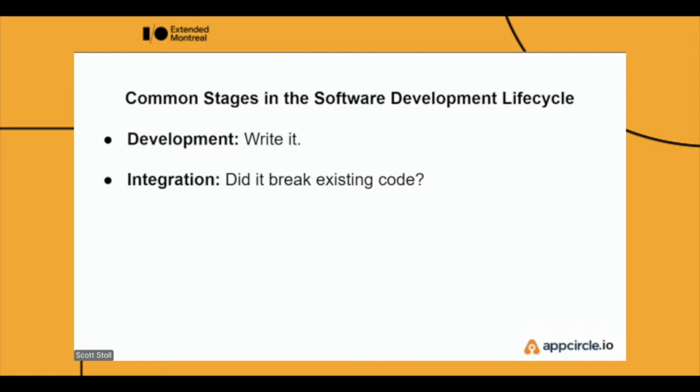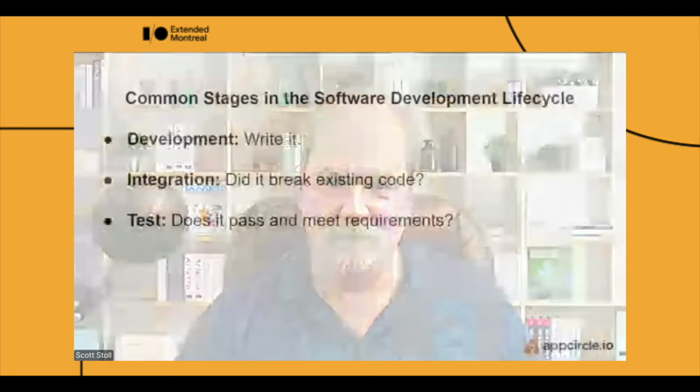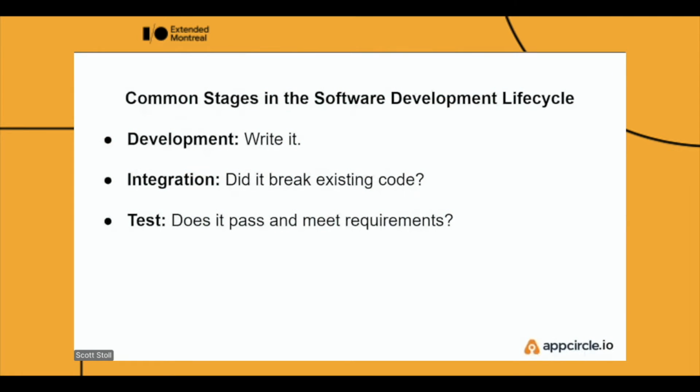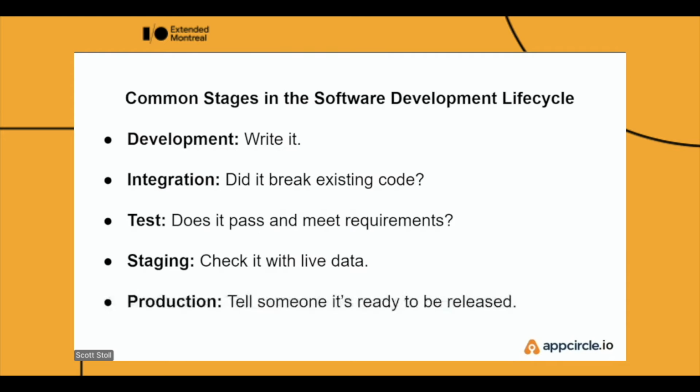So we check that out, and then we do all of the tests that we have set up. You're using tests, right? Sure you are. So we run all of our tests. The next thing you want to do is check it with live data and then tell someone it's ready to be released.